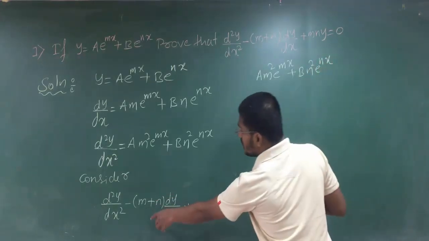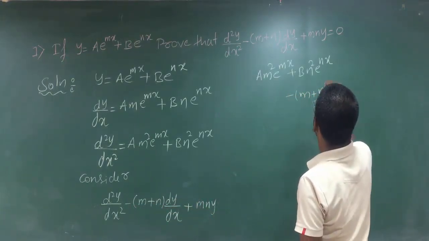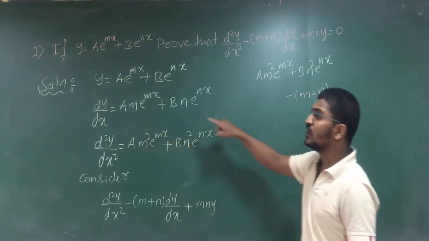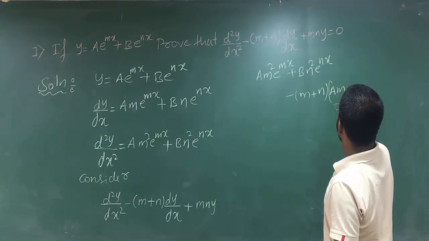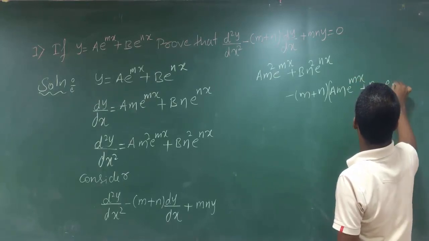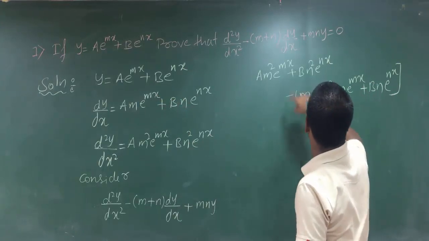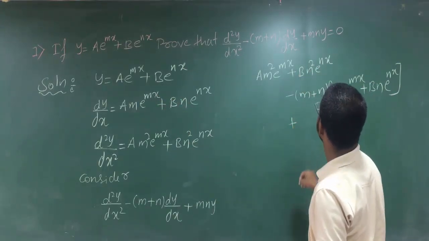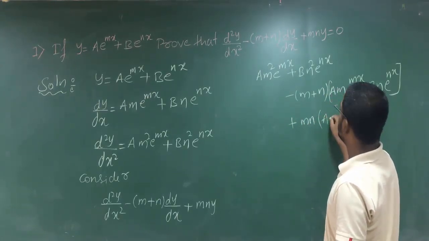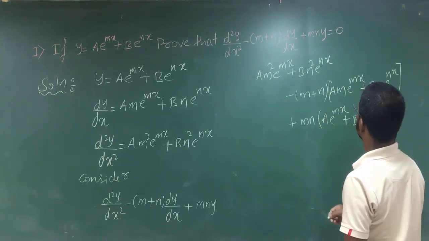Next, in the place of minus m plus n, you write minus of m plus n into dy by dx. dy by dx is a m e to the power of mx plus b n e to the power of nx. Next, in the place of m n y, you write same as it is plus m n y. What is y? a into e to the power of mx plus b into e to the power of nx.